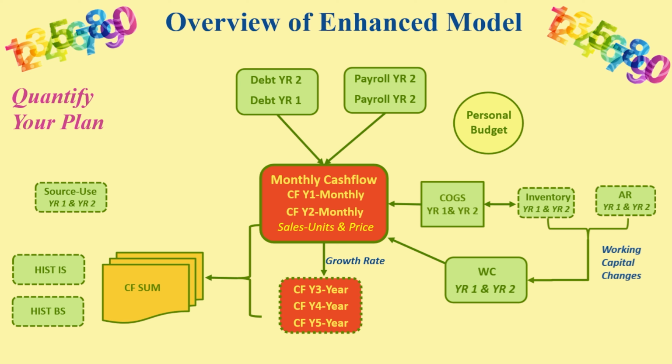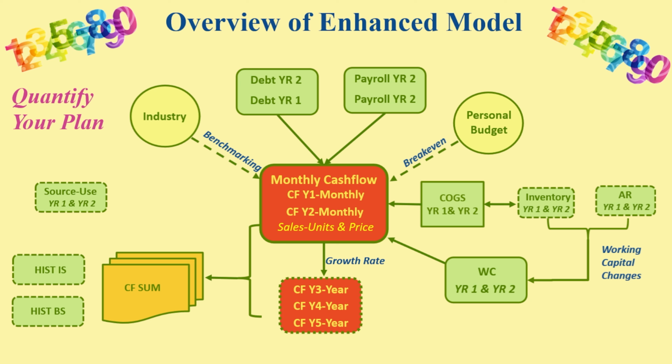In this model, sales assumptions are input under the monthly cash flow tables based on units sold and price per unit. The personal budget feeds break-even data into the model, and there is an industry tab to collect information for benchmarking, which feeds the cash flow core.